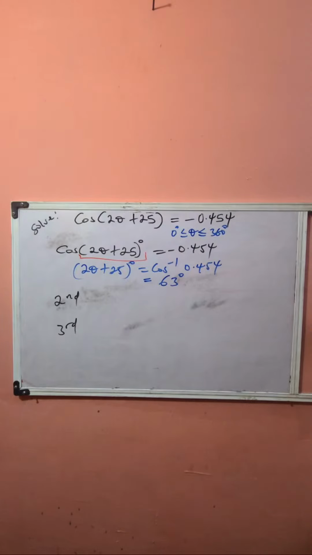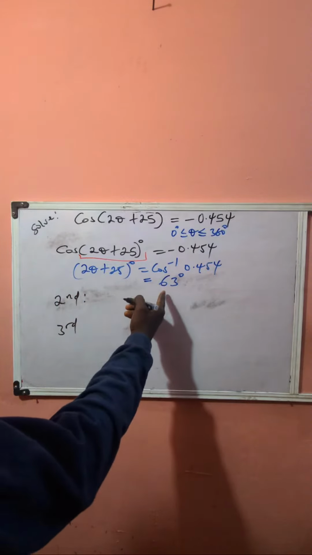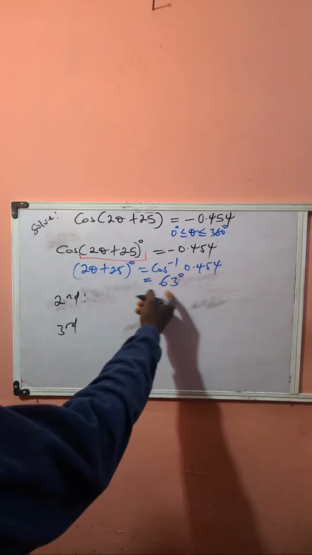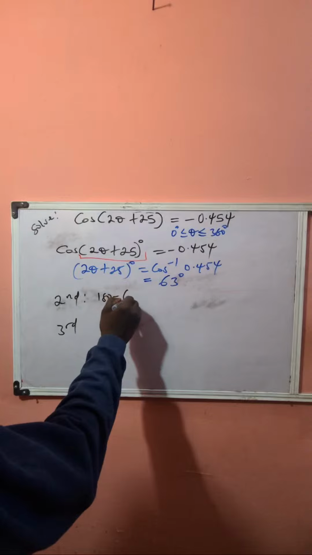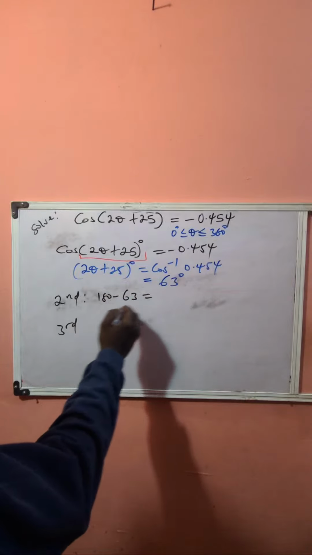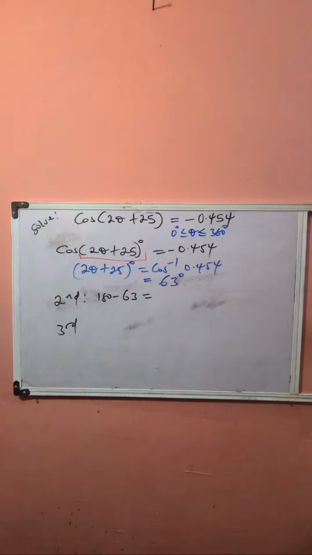So what I want to do for this particular one, this is your theta. This is like your angle. I can go on to use this as 180 minus 63, and that will give me what? Don't forget, again, that's not going to be the final answer. What is 180 minus 63? That is 117. Now, 117 is not your final answer.